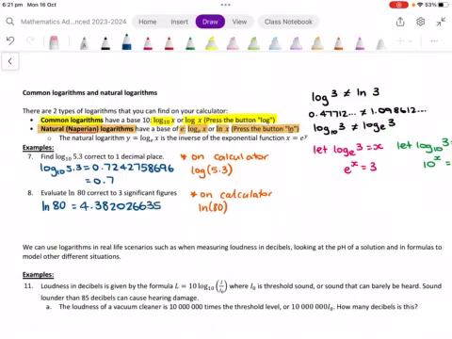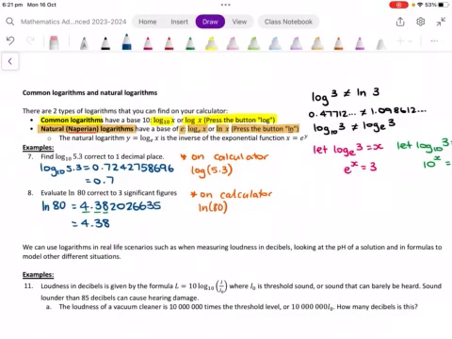Now we've been asked for 3 significant figures, so 3 significant figures is our first 3 non-zero digits, so it equals 4.38.